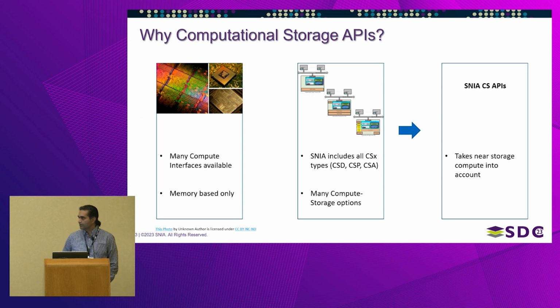So why are we doing computational storage APIs? We do know that there are different forms of compute that have been there for a while. There has also been computational storage by itself in different forms. The previous ones, the different forms of compute and the usages, are more tailored towards vertical stacks, in the sense that the standardization is very different there.